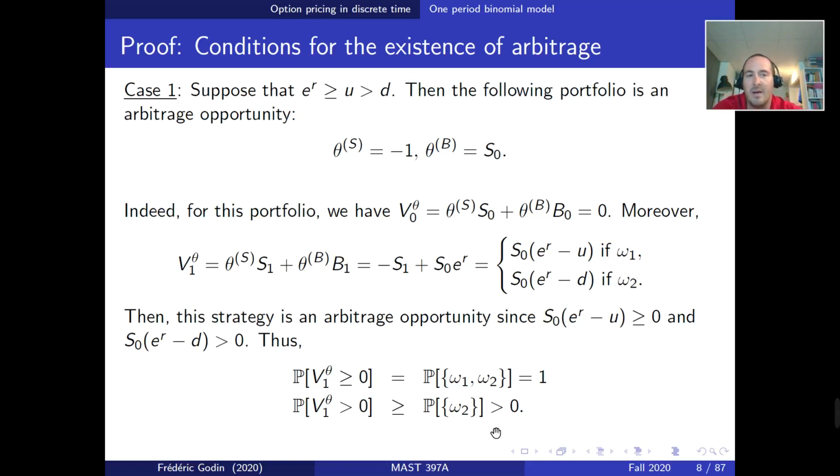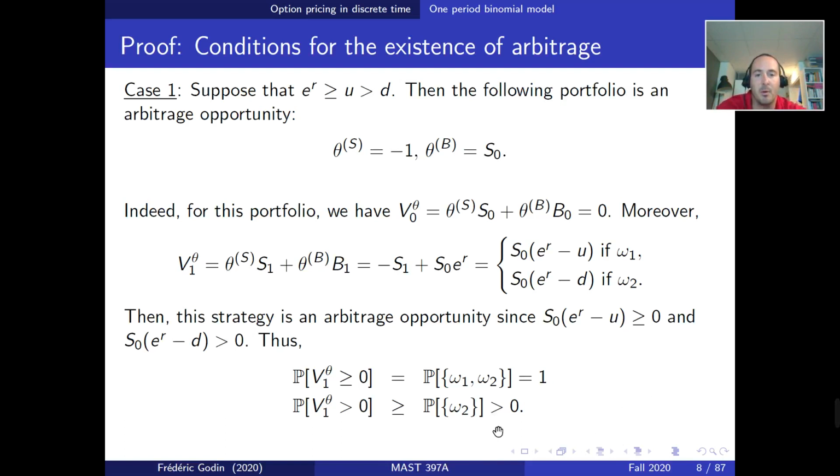I forgot to write that previously, but we assume that 1 minus p is strictly greater than 0, so p is smaller than 1. So this probability is greater than 0.